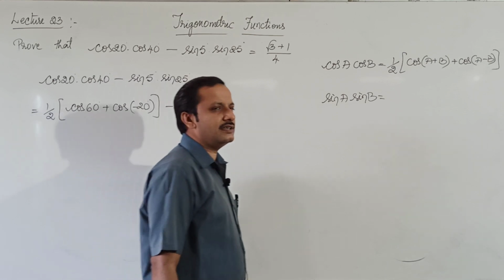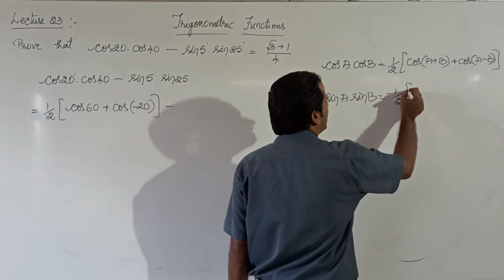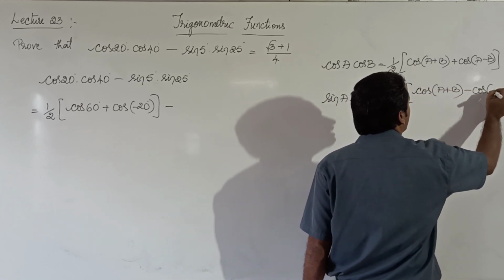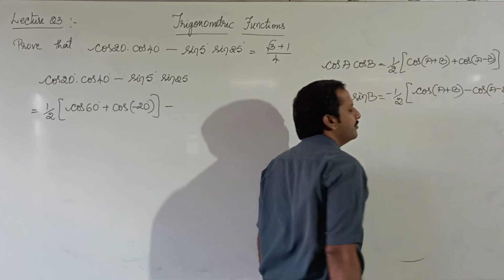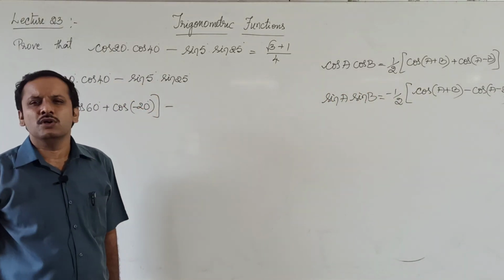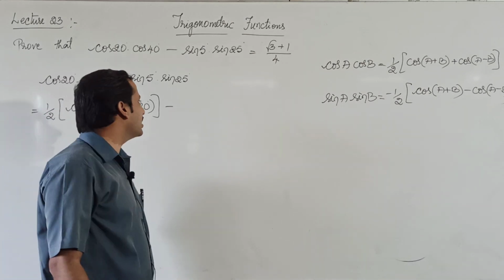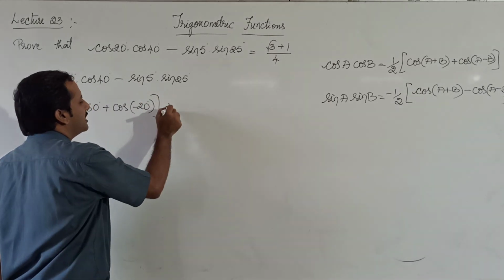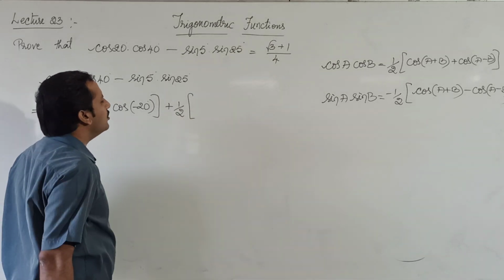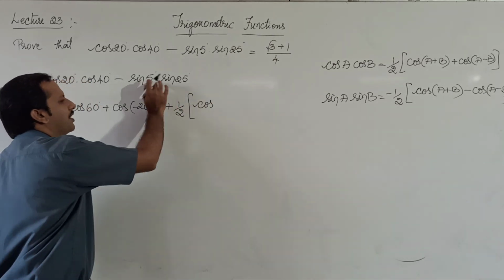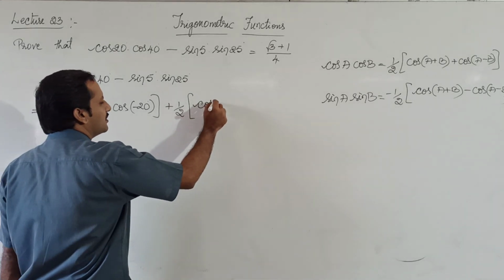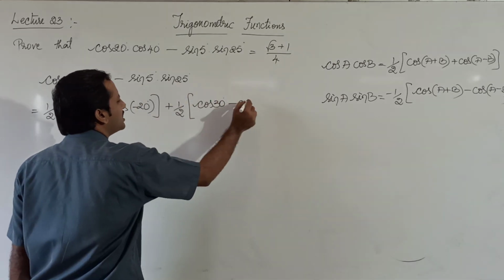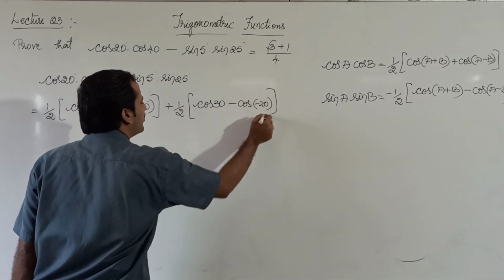For that we know the formula: sin A sin B is equal to minus 1 by 2 into cos A plus B minus cos A minus B. So if I am using that formula here, minus of minus 1 by 2, minus into minus will become plus 1 by 2 into cos A plus B, that means 5 plus 25, 30, cos 30 minus cos A minus B, 5 minus 25, that is minus 20.